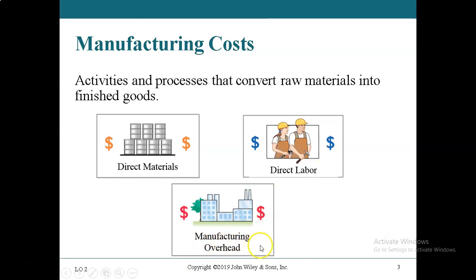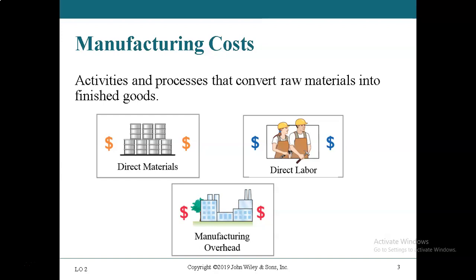Manufacturing overhead includes indirect materials and indirect labor and everything else. Manufacturing overhead is something that is needed to make a product, but you can't measure exactly how much goes into each individual unit. For example, if I make a car, what about if I use glue to attach certain components on the inside?